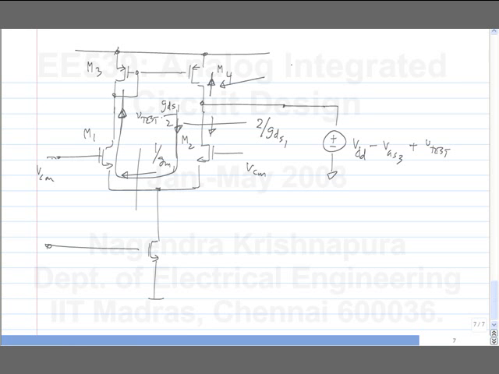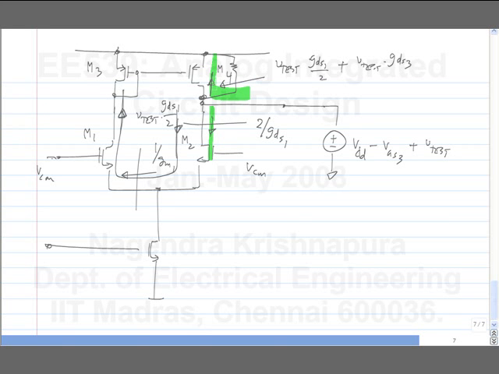So this gives you a current of V test times GDS1 by 2. That is because of the current mirror. Additionally, you have the output conductance of M4, which is GDS3. So that gives you a current of V test times GDS3. So if you apply V test here, certain current goes down and certain current goes into M4.